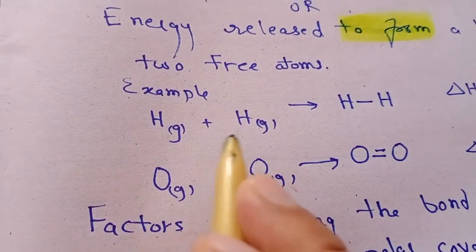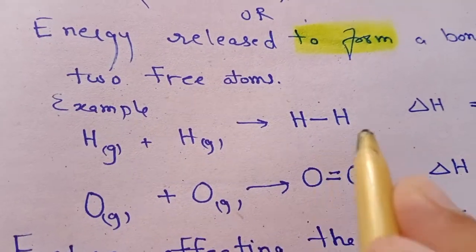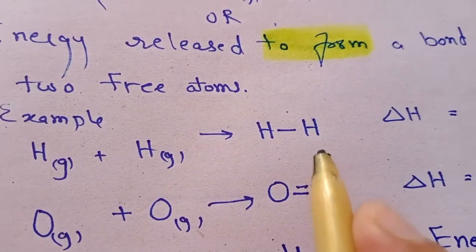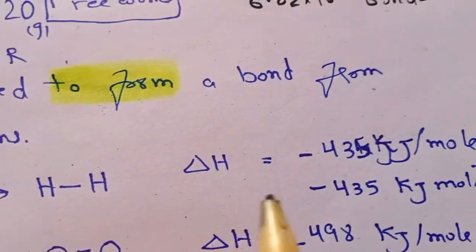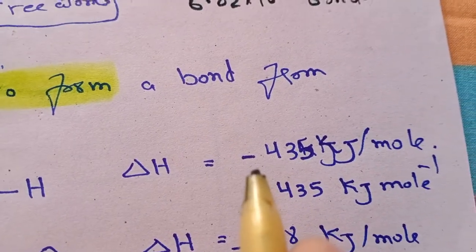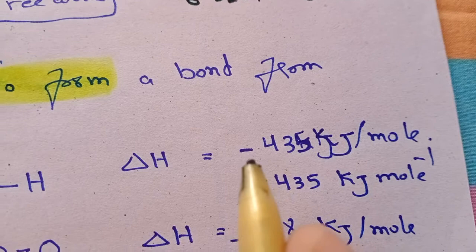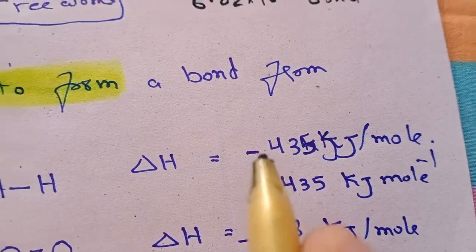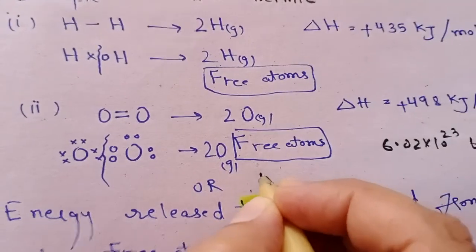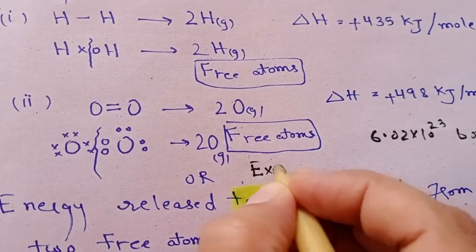Here we have free atoms and we join them to form a single covalent bond. Similarly, there will be an amount of energy released. We don't need energy to form the bond. The negative sign indicates this process. When a bond is formed, the process is exothermic.